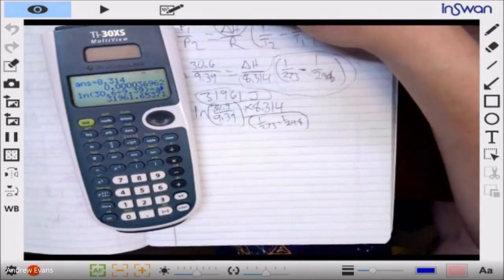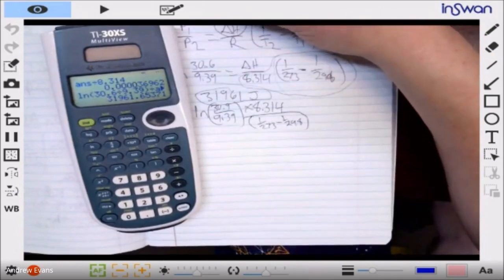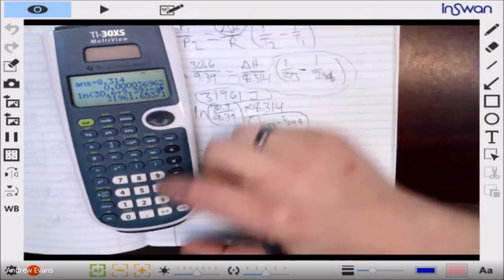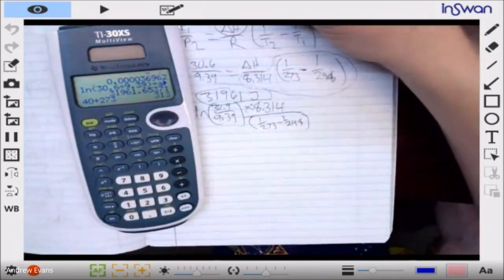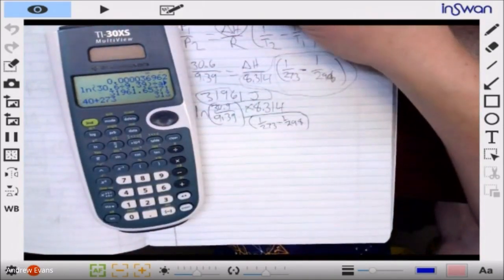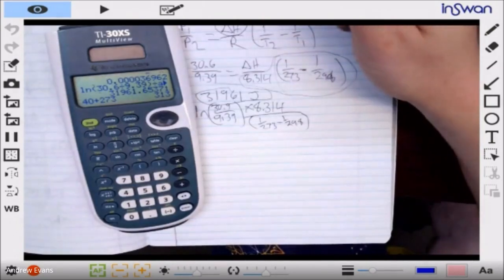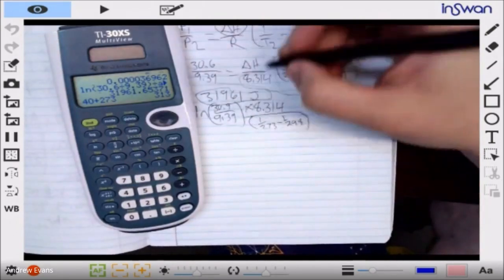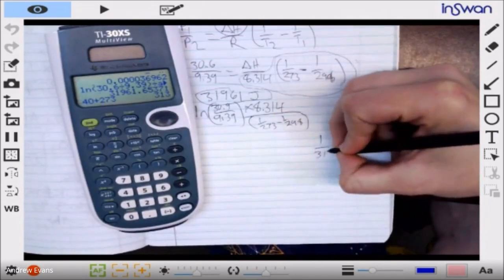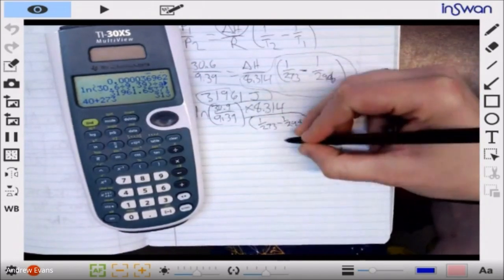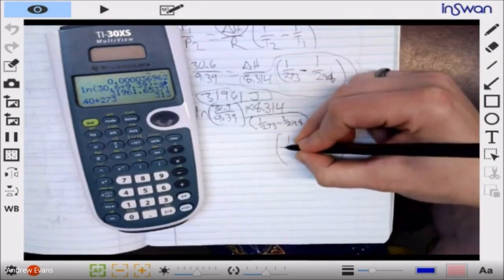Now, with that in mind, we need to do this again with the new temperature of 40 degrees, which is 313. So 1 over 313. It doesn't matter which temperature I use.